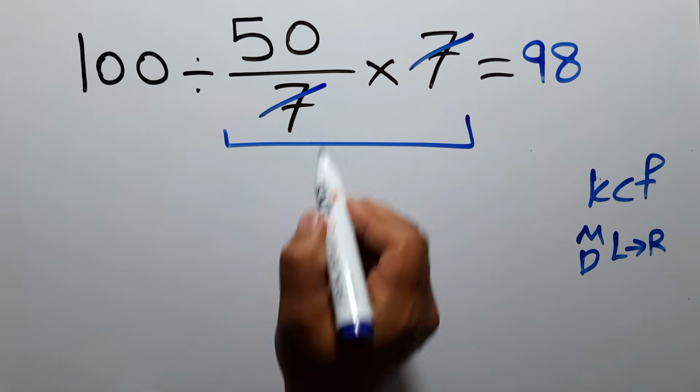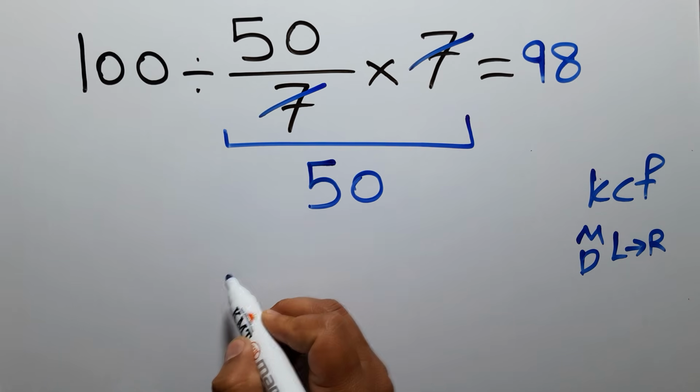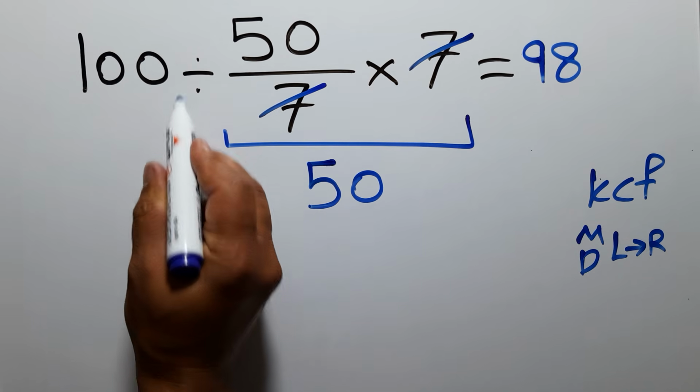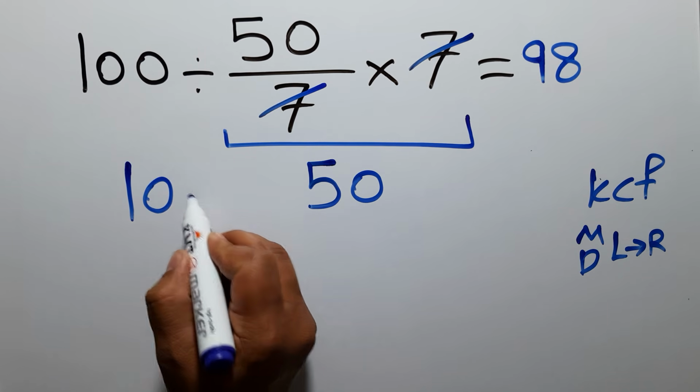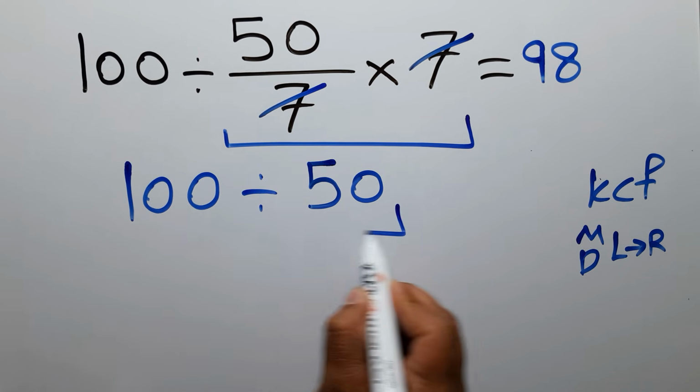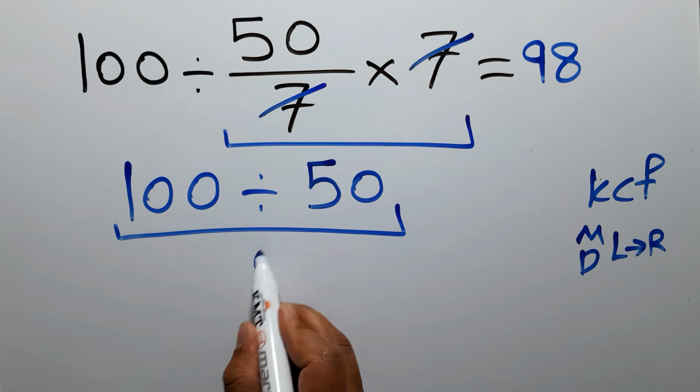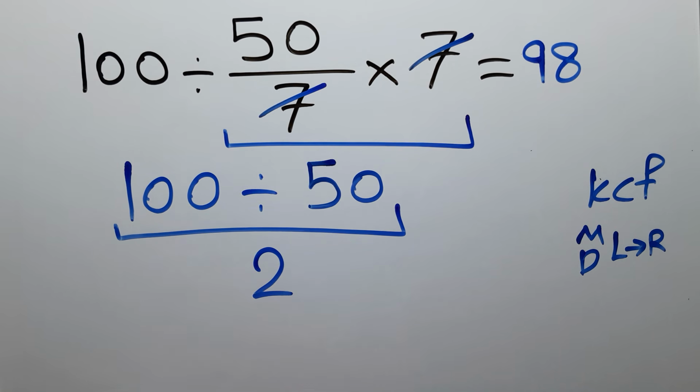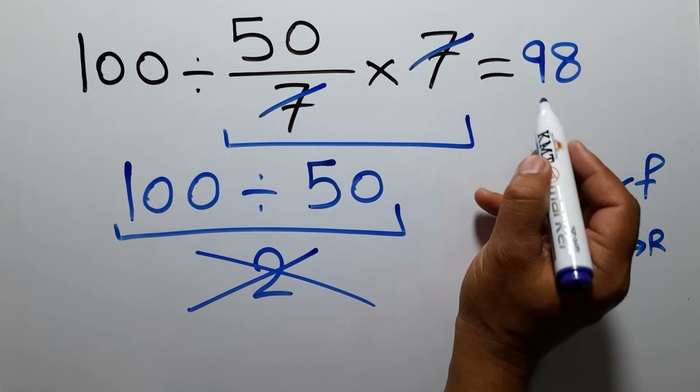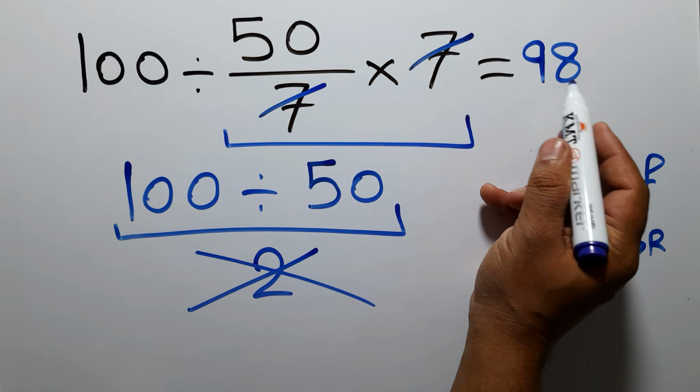So here we have just 50. So 100 divided by 50, which equals 2. But this answer is not correct. And the correct answer is just 98.